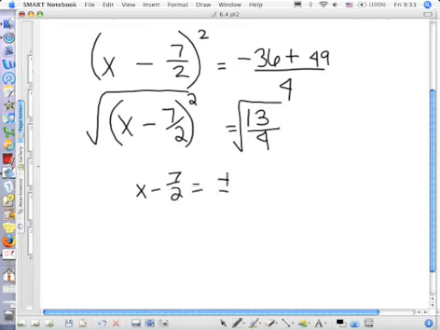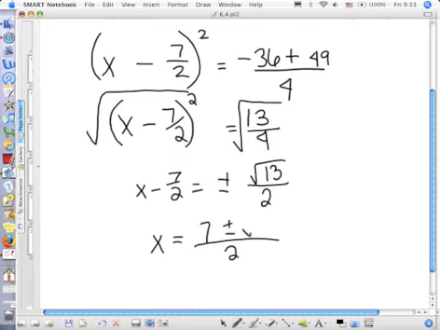Can you reduce the square root of 13? No. But can you reduce the square root of 4? Yes. And so when I add 7 over 2, they're both over 2. So it's 7 plus or minus the square root of 13, and they're both over 2.